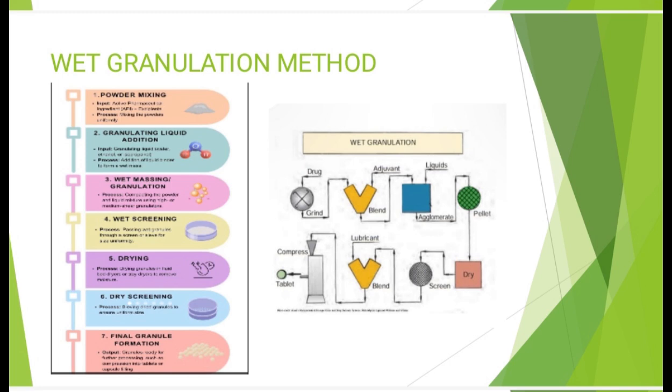Lubricant is usually screened through 60 or 100 mesh to eliminate small lumps. The lubricant is added to the dry granules as a fine powder and mixed well. Final step is compression. The resultant granules are compressed into tablets using a tablet compression machine.